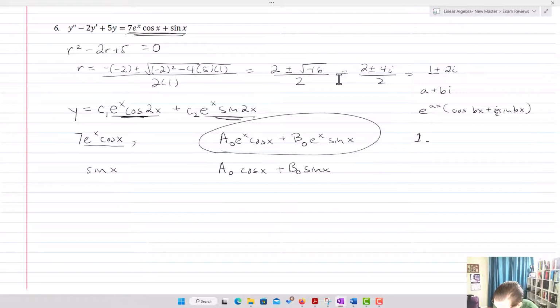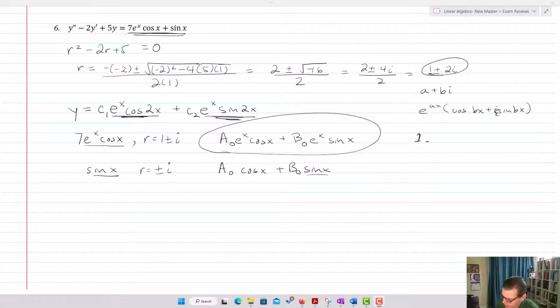That just corresponds to the complex solution for sine x. Essentially, this is r equals 1 plus or minus i, and this one here is just plus or minus i in terms of the r solutions. Notice that that's different from the one that I got here.